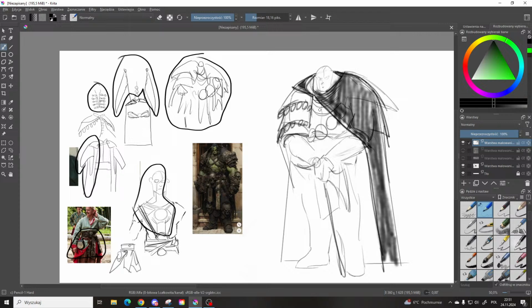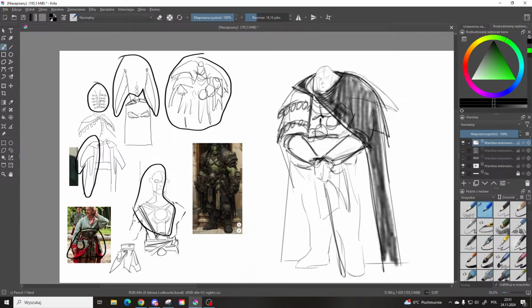Maybe he could still have a bare chest behind all of that. That might be interesting. He could still be cool. He has a cape and stuff, but he still maintains the culture of his tribe of not wearing a t-shirt or something.